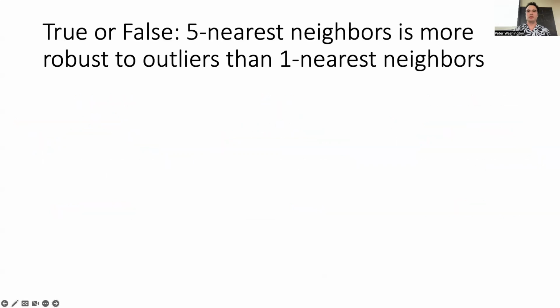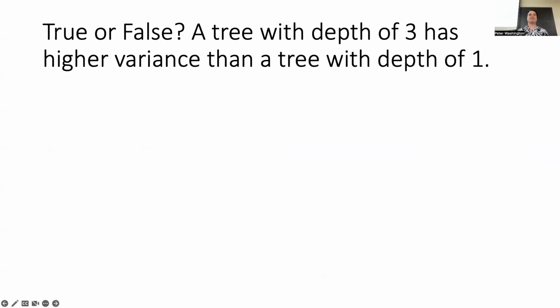Okay. True or false? I don't want to ask another k-nearest neighbors question. So, true or false? A tree with depth of 3 has higher variance, as defined just now, than a tree with depth of 1. So think about it a little bit. You'll have about a minute to think about each of these questions on average.